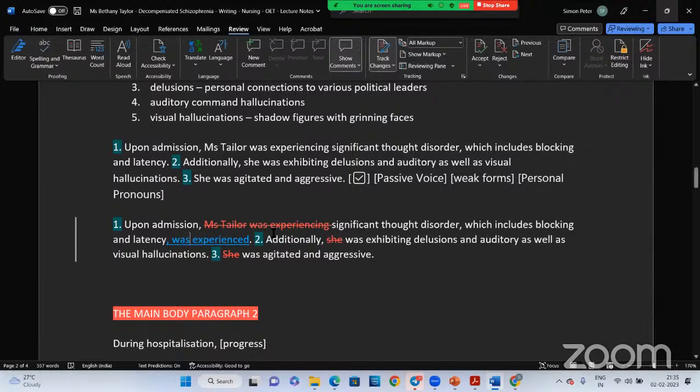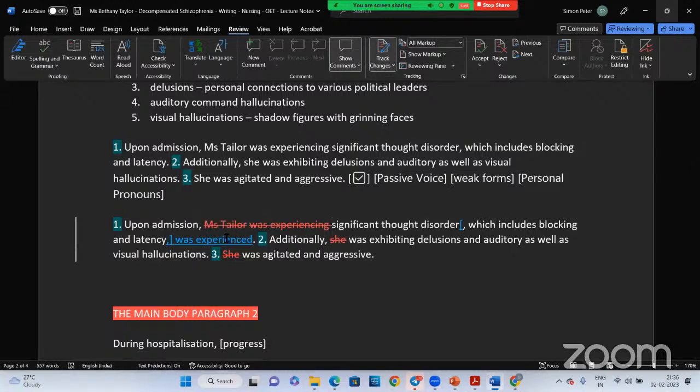Significant thought disorder was experienced, and this disorder includes blocking, so there are not two things, only one thing. In between, we added "which includes blocking and latency," so that part is in brackets. That is what you have to understand.